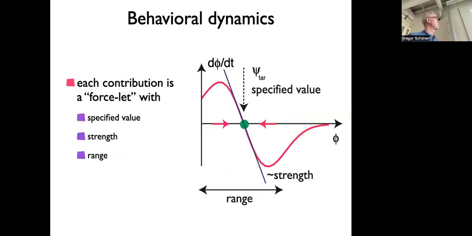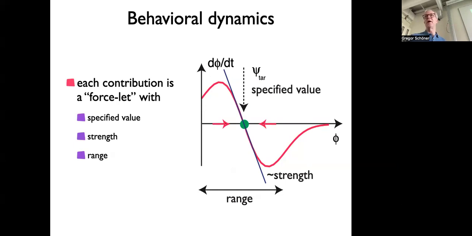Good. So what's common to these two ways of thinking is this notion of a force left. That is, we're contributing a term to the dynamical system. We'll be adding them up, actually. That's the heuristic part. We'll add them, even though we might have to do something more sophisticated, but here we're just adding. And they have three properties.